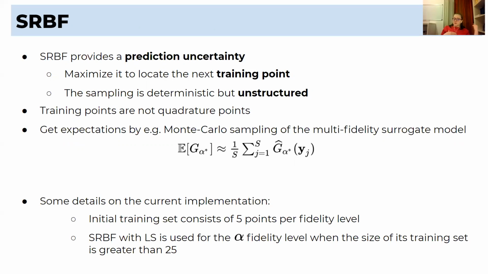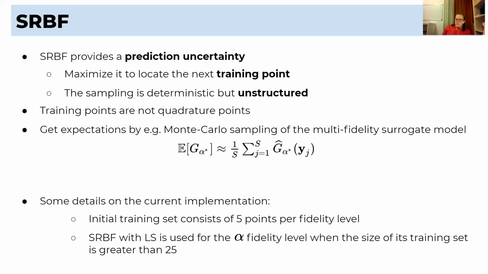So we add a new training point at the place where the uncertainty is maximized. Okay, so in the region with the largest uncertainty, we add a new training point. So somehow it's clear that the sampling is deterministic, as it depends on the uncertainty, but it's completely unstructured.